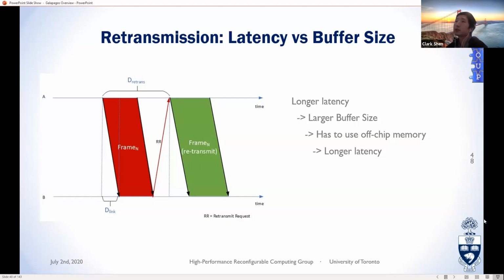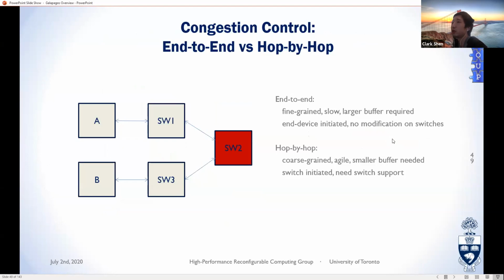And second, let's look at the congestion control. In the case we can't do any modification on the switches, we have to use end-to-end congestion control. It works like this. A sends a packet to B. When the packet goes across the congested node, let's say switch 2, switch 2 will turn on the congestion notification bit in the packet.